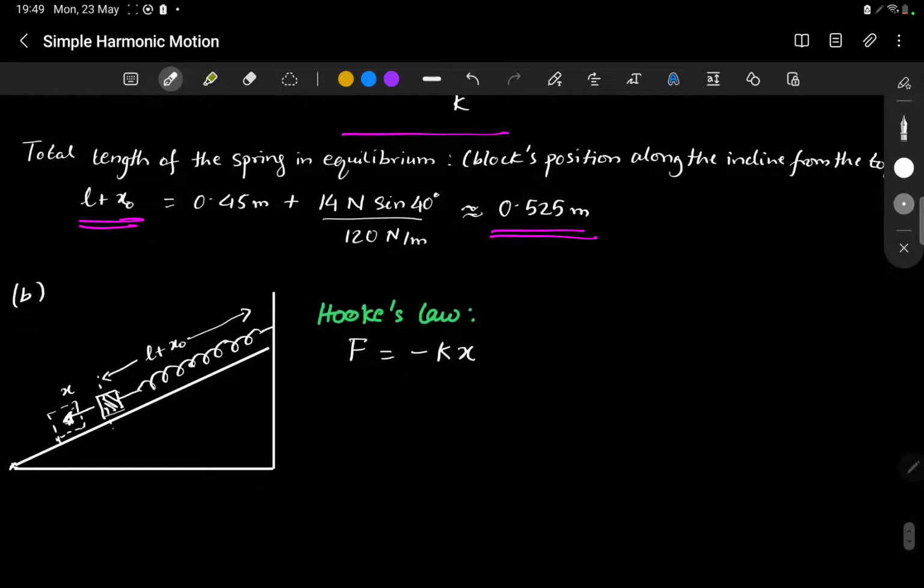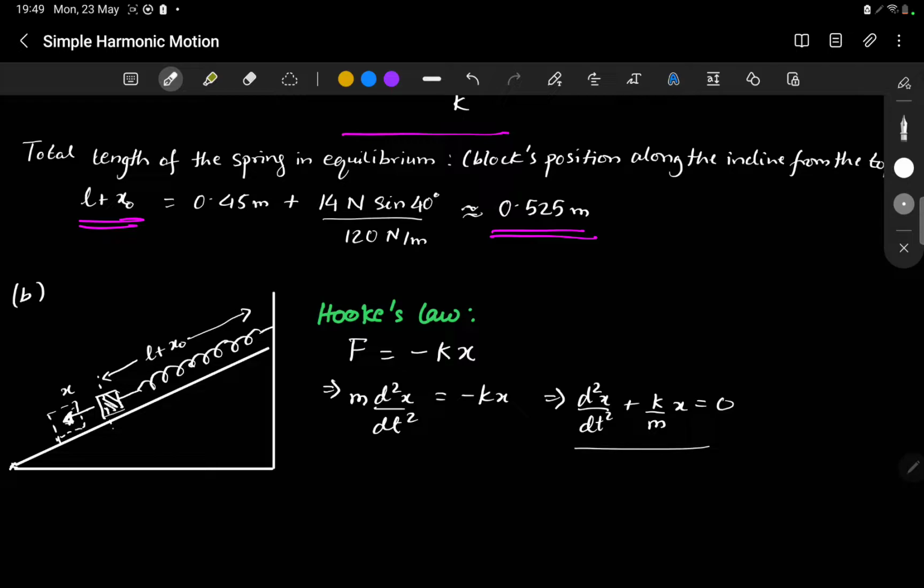So this force is nothing but mass times acceleration. This is nothing but this, and this gives us this, which again is nothing but the equation for SHM.